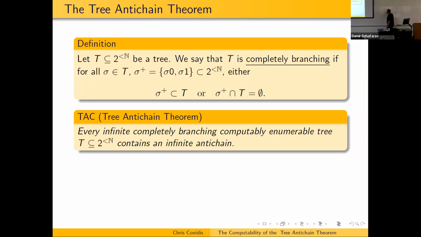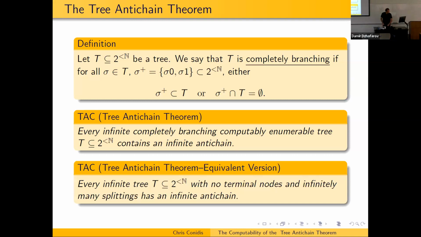These pairs, these partner nodes. The nodes that I'm drawing form the infinite antichain that's asserted in the conclusion of the theorem. So there's a proof that's very straightforward.